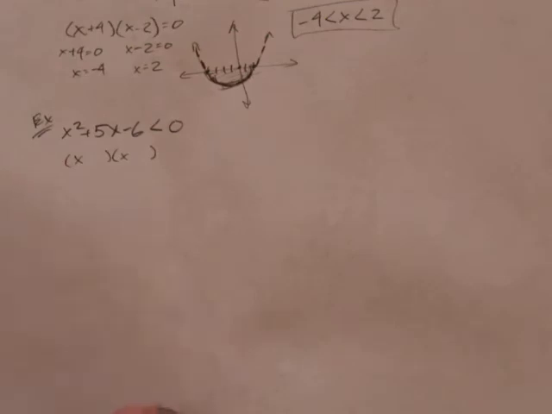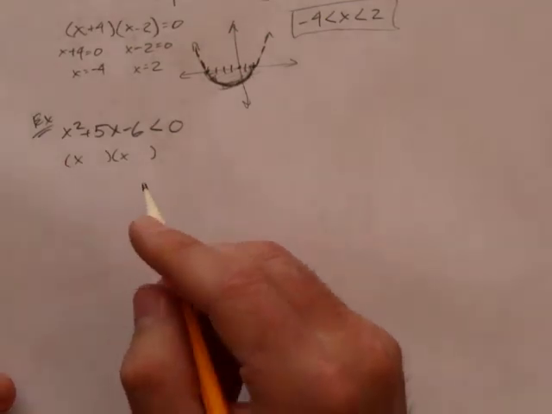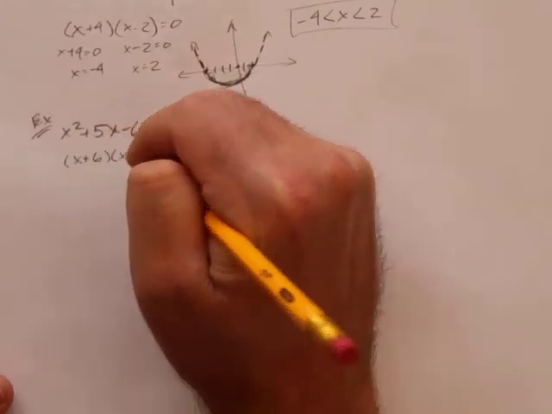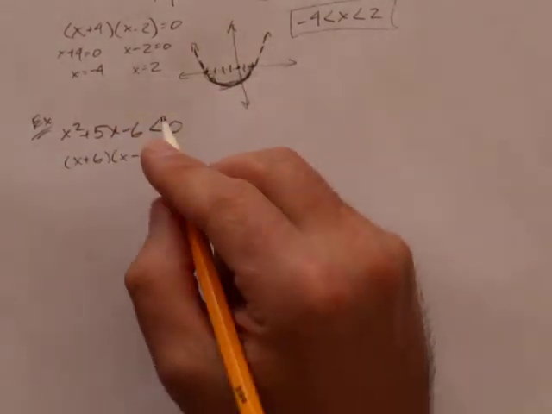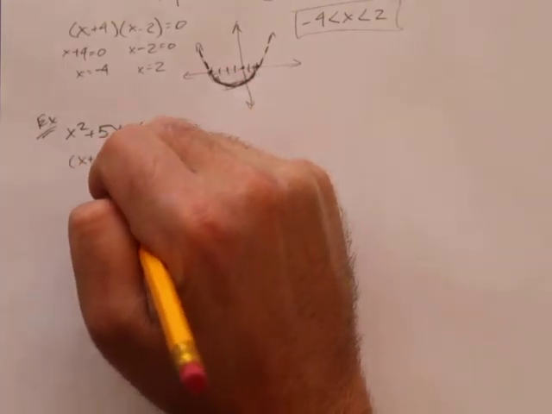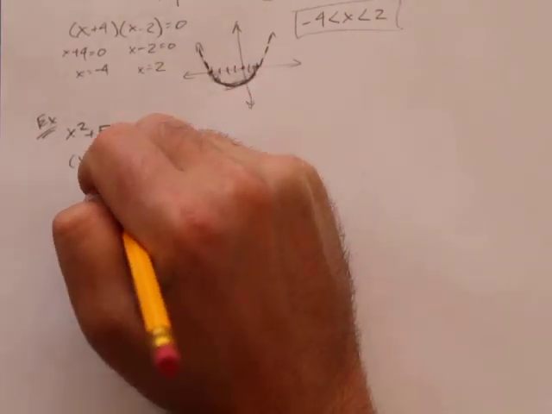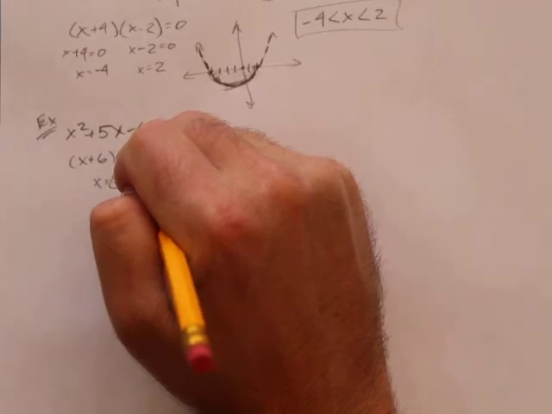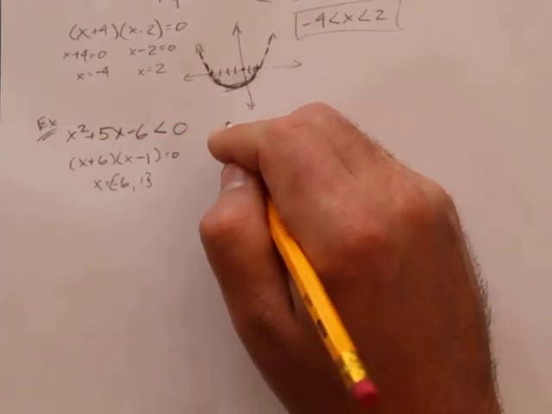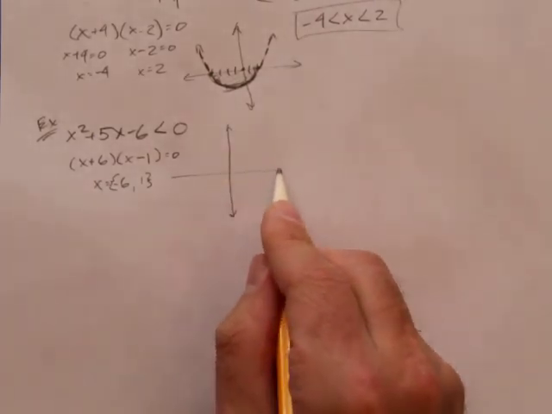How about positive 6 and negative 1? Plus 6, minus 1. And so I set that equal to 0, and I find that x equals negative 6 and positive 1.